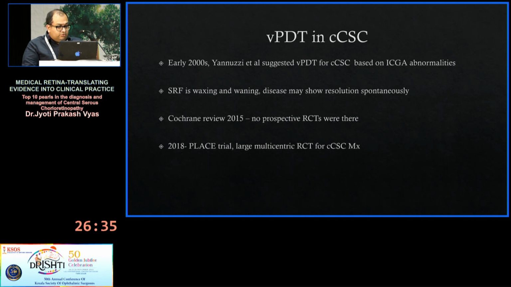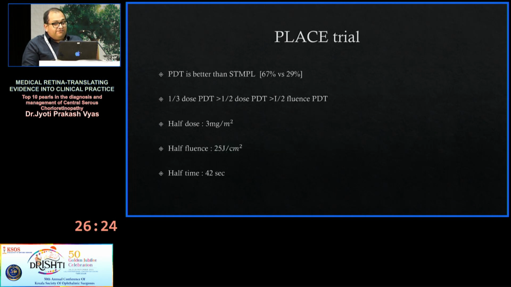Until about 2018, there was no randomized controlled trial which looked into the various other treatment modalities for this disease. Following the PLACE trial, they found out that PDT is better than subthreshold micropulse laser. The chances of improvement are 67% with PDT, whereas it's only a meager less than 30% with micropulse laser.